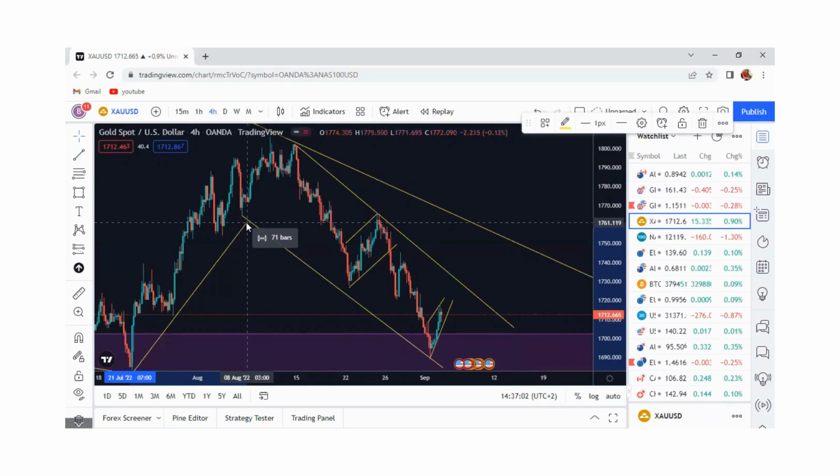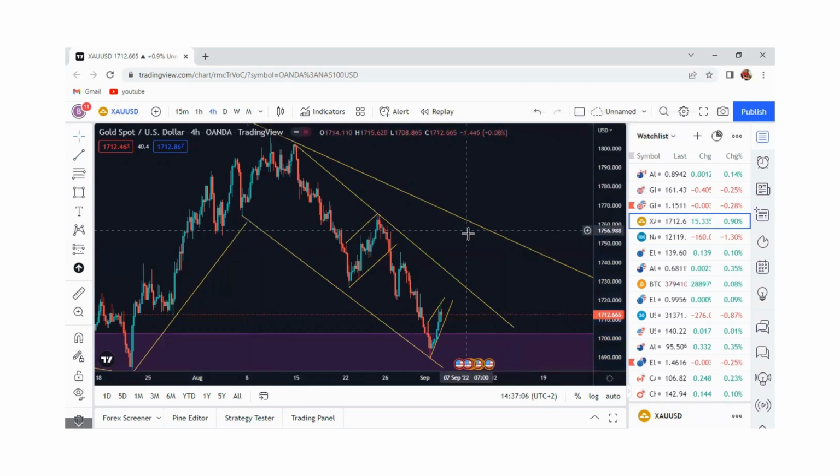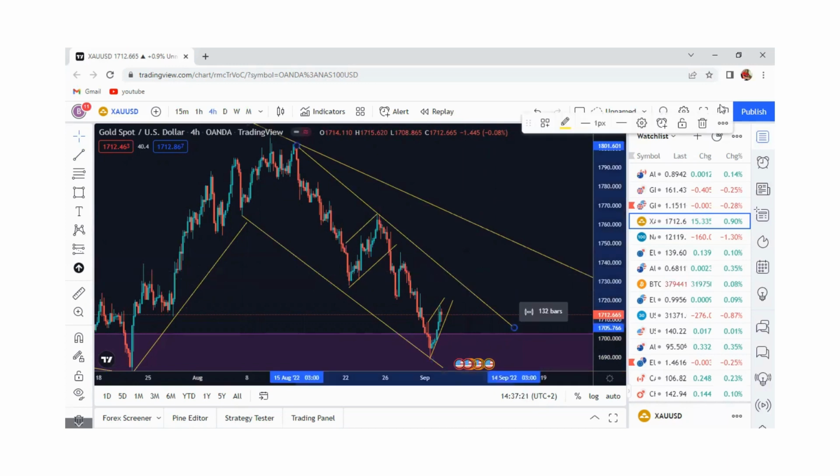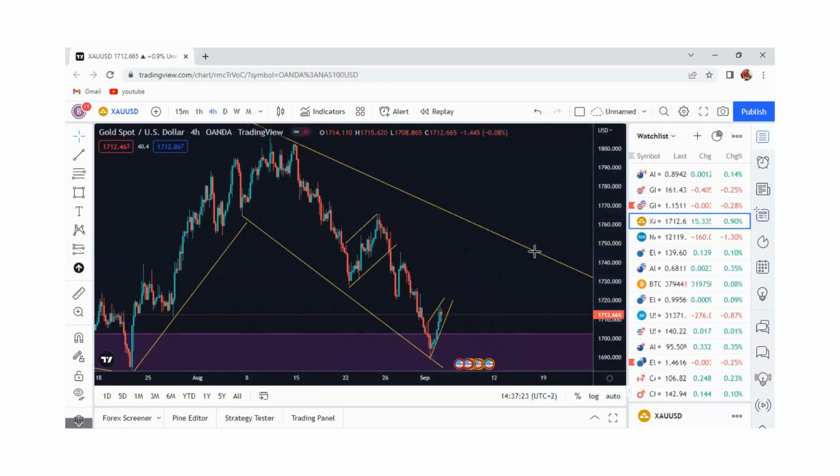So you just have to be careful. But in order for me to start looking for some entries, you just have to break the zone here. Break the zone, maybe come for retest, then that's when I'll look for buy opportunities. But for now, looking for sell opportunities on this pair.